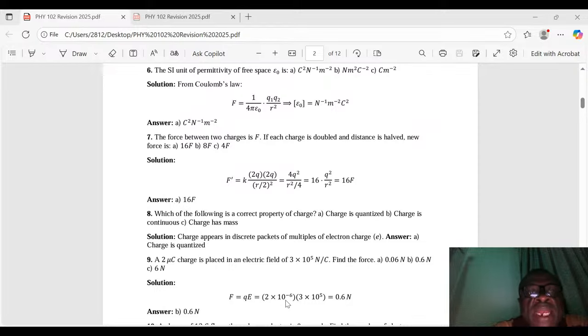So looking at this, from the solution, Coulomb's law, F is equal to 1 all over 4 pi E naught Q1 Q2 all over R square. Remember, the whole of 1 all over 4 pi E naught is what we call the constant.